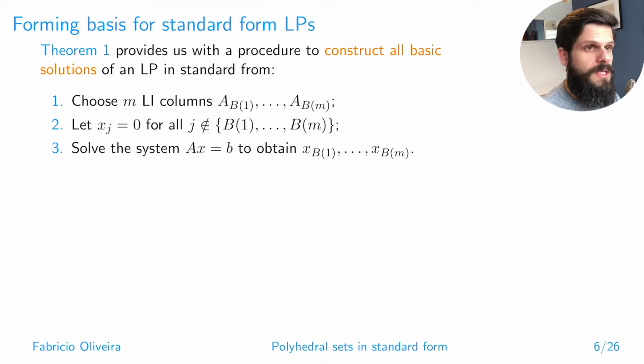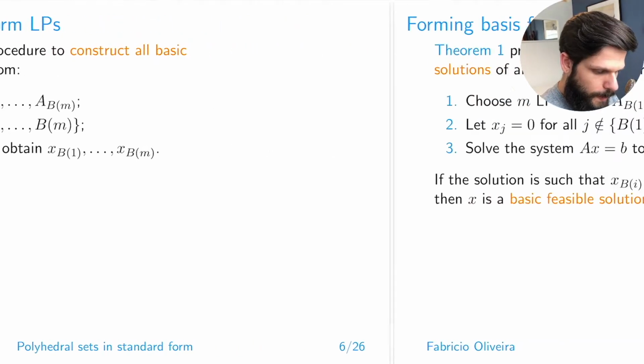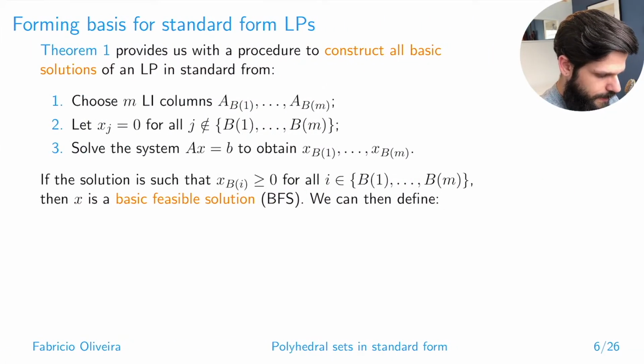So that means that you always have n active constraints, forming therefore a vertex. Okay. So we say that if the solution is such that all the variables for which you found the values are non-negative, then that's not only a basic solution, but is also a basic feasible solution.